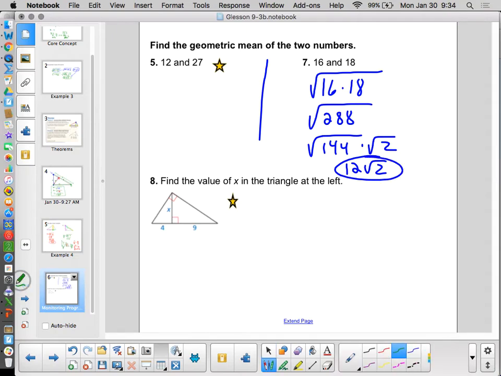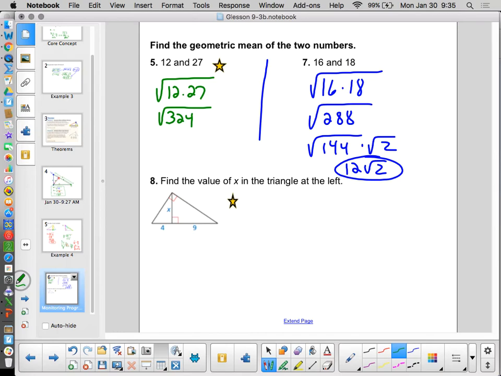Just going back, in case you missed this, this would be the square root of 12 times 27, which is the square root of 324. Now, what perfect square goes into 324? Well, 3 plus 2 plus 4 is 9. So that means 9 goes into that evenly, which is 36.